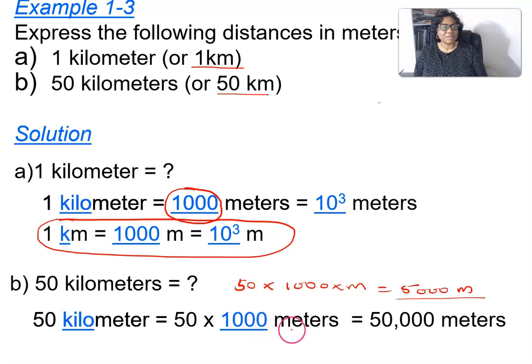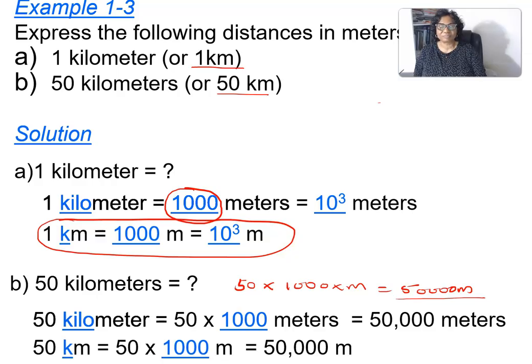Fifty times 1,000 times meter, so yeah, it gives us 50,000 meters. So that is why we use those prefix multipliers. You can summarize it like this.